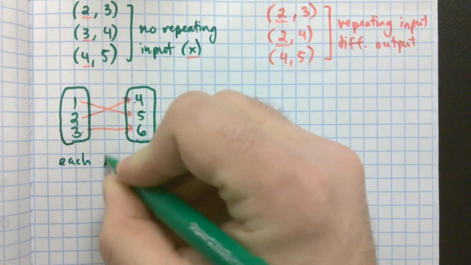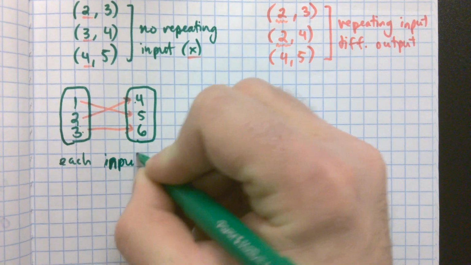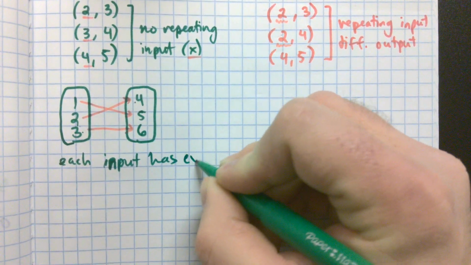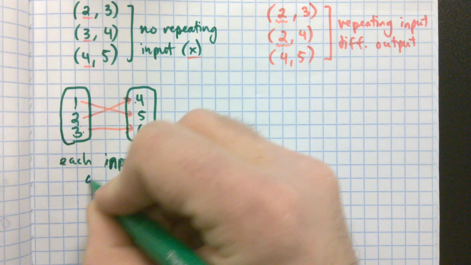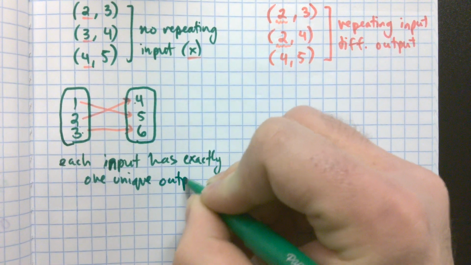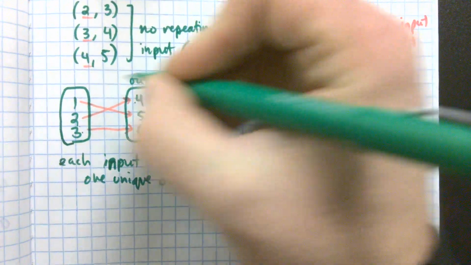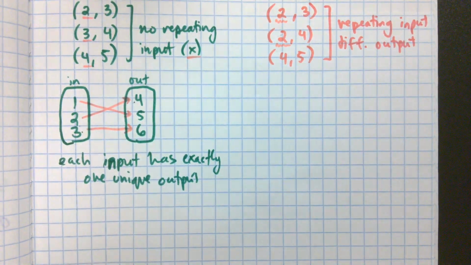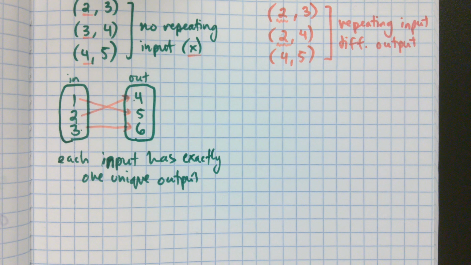Let's write that. Each input has exactly 1 unique output. We can even write in and out up on the top of our mapping diagram like that.